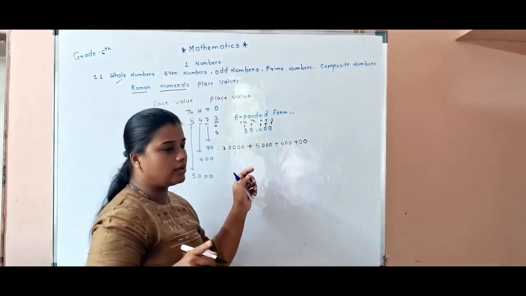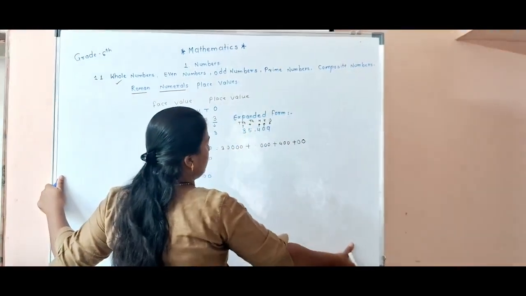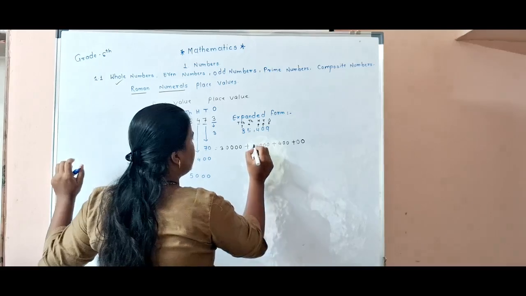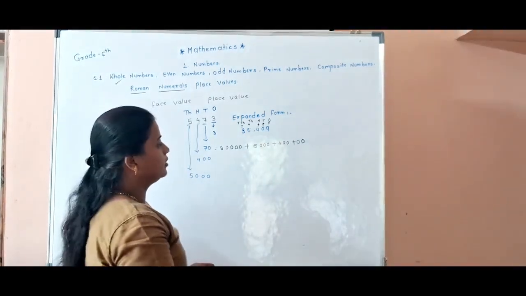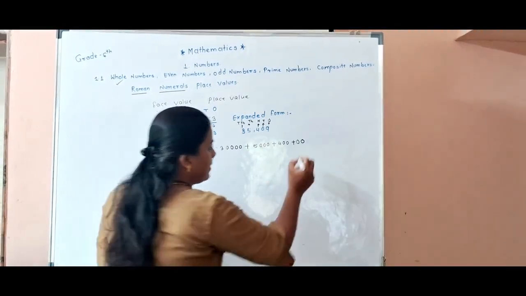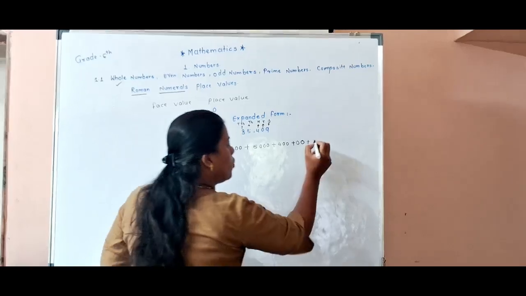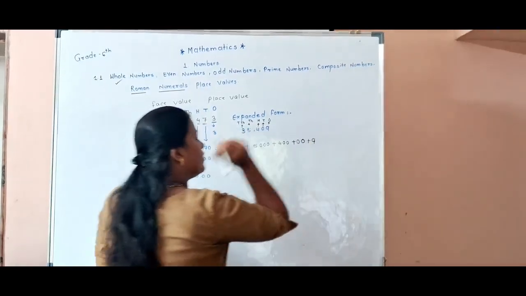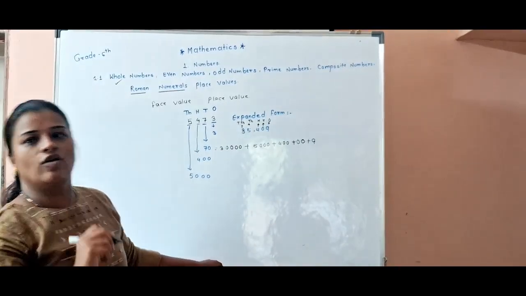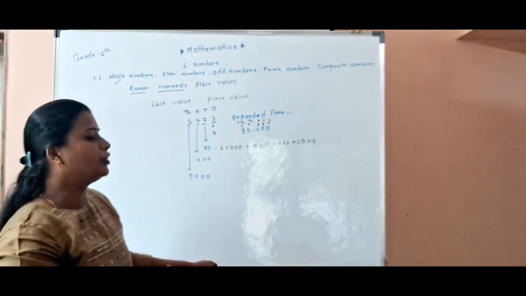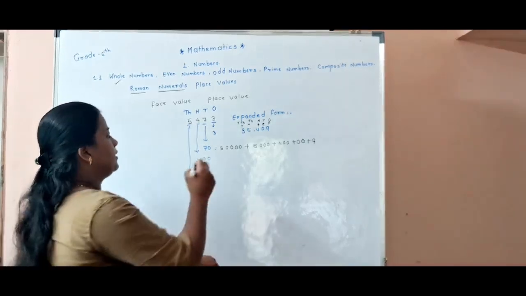Only 1. Why 1? Because 0 is at the tens place. Plus, again, I'll write only 9. Why 9? Because 9 is at the ones place, and for the ones place we are not going to write any type of 0.